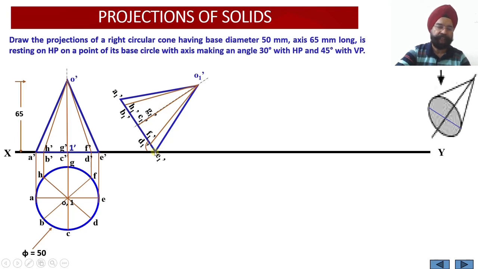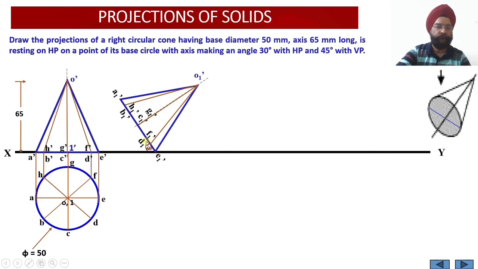So point E1 is fixed. We'll draw the angle of 60 degree. So a 60-degree projector will be drawn through point E over here. Once we draw the projector through E1 dash at an angle of 60 degree, we are going to mark these 5 points. Point number 1, E dash; point number 2, F dash D dash; point number 3, 1 dash G dash C dash; point number 4, H dash B dash; and point number 5, A dash.